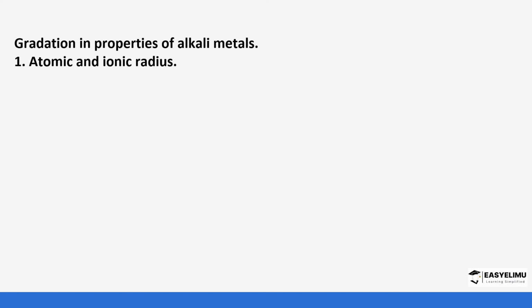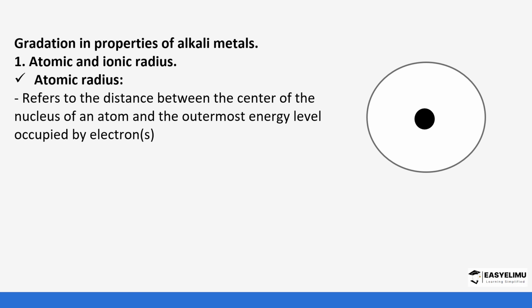So starting on the trends in the gradation of some of the properties, we are going to start with the atomic radius and ionic radius. And then in the next lesson, we are going to look at other properties of this group. So when we look at the atomic radius and ionic radius, what is atomic radius? This is the distance between the center of the nucleus and the outermost energy level.